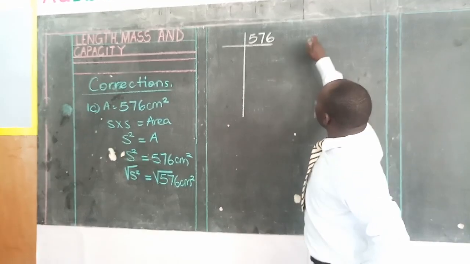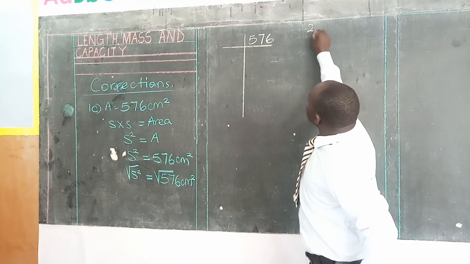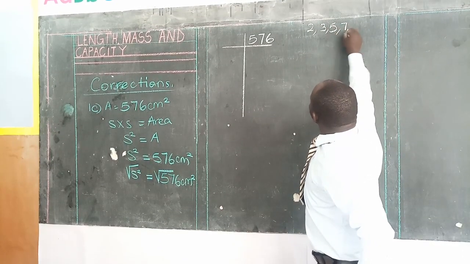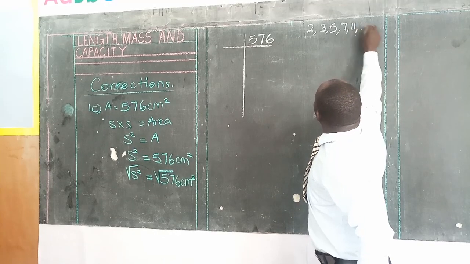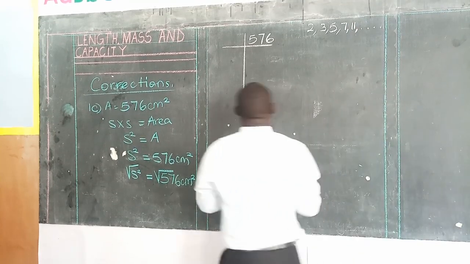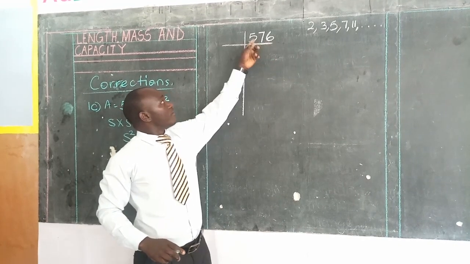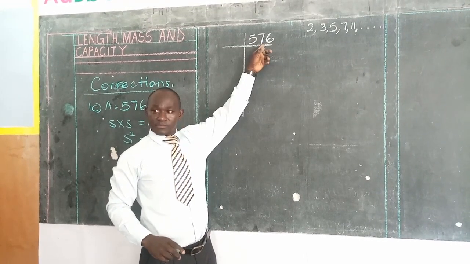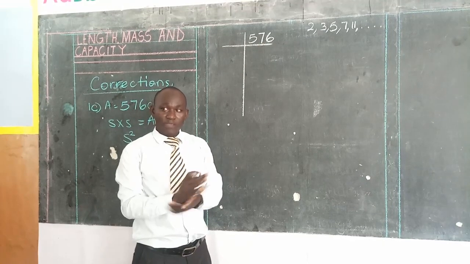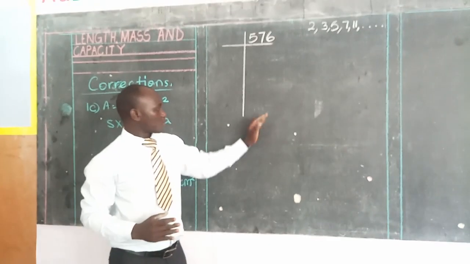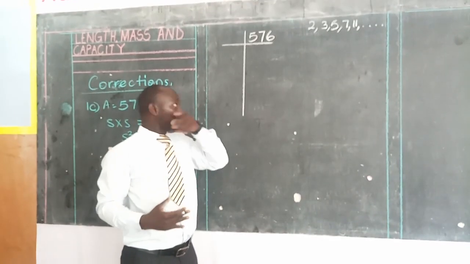And what are those numbers? We have 2, 3, 5, 7, 11, and so on. Those are the numbers we are supposed to use for dividing, until we come up with our final result as 1, where we cannot factorize anymore.